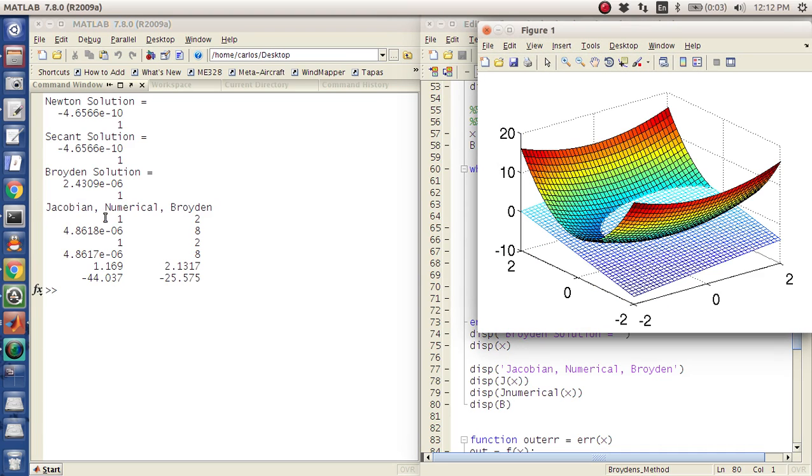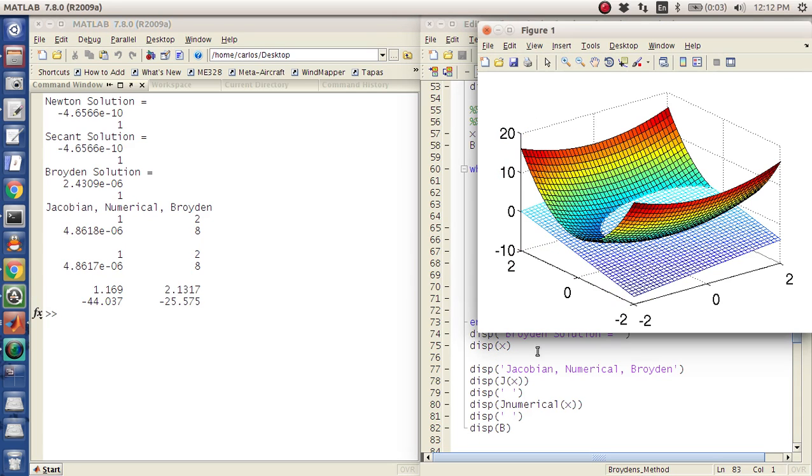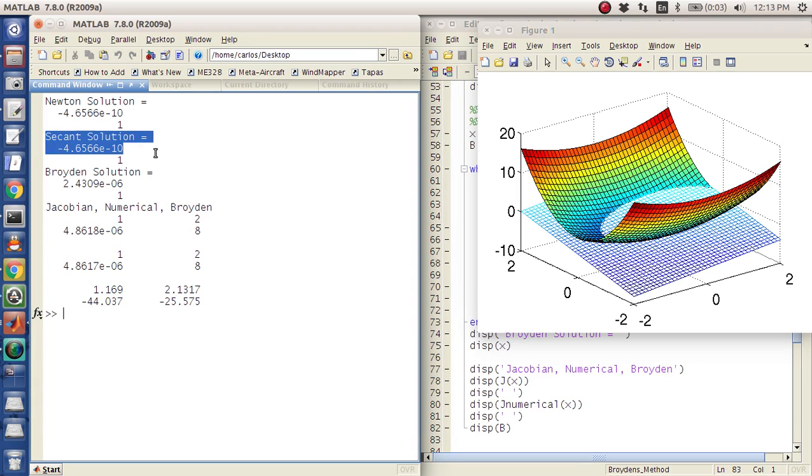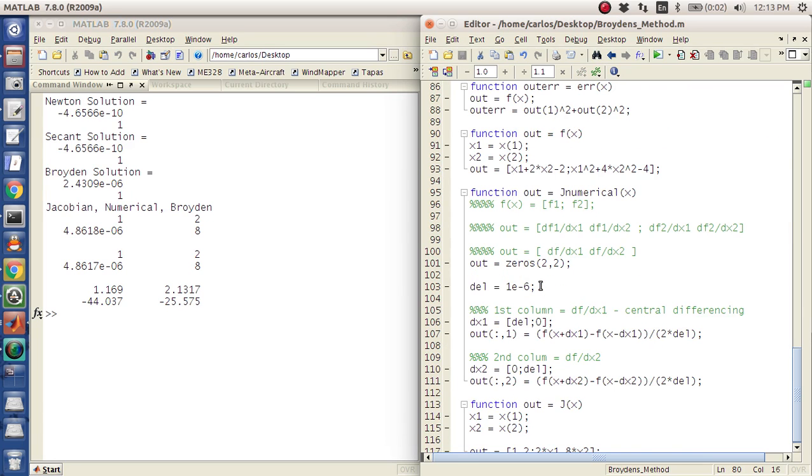So it looks like I need to add a space or something. So there's the Jacobian actual, 1, 2, that 8. It looks like the secant method converged to the exact same thing. So the numerical, wow, the numerical is the same? That's crazy.